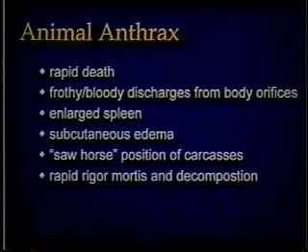In animals, particularly in ruminant animals, it may result in a rapid death with an interference of the clotting mechanism of the blood, so that from the natural orifices, the nares, the anus, one may see frank blood oozing from these orifices and a suggestion that this may be anthrax.